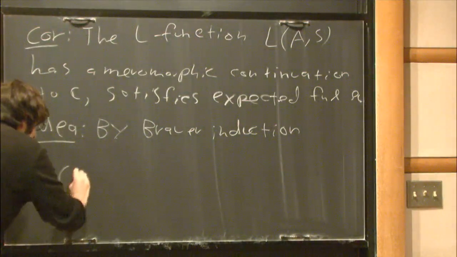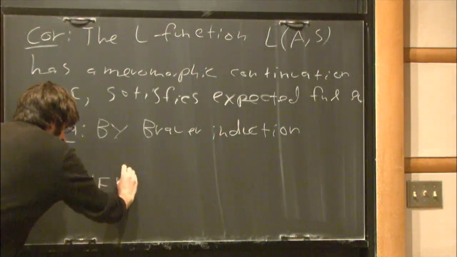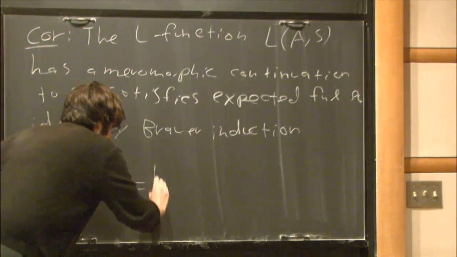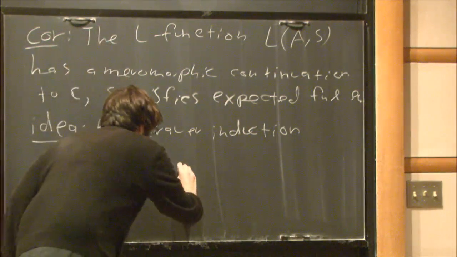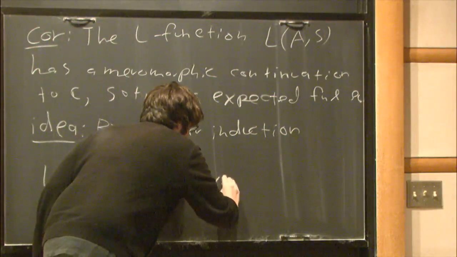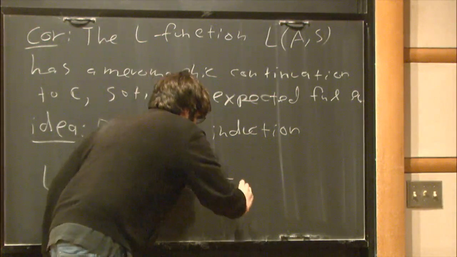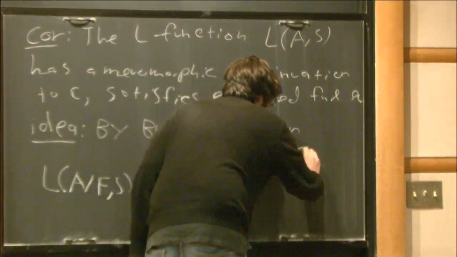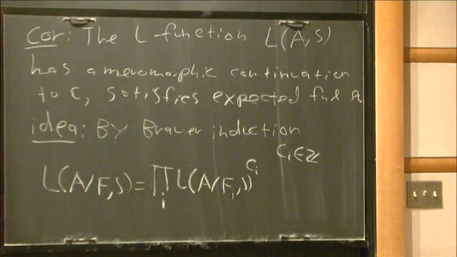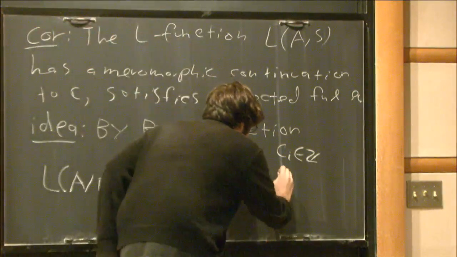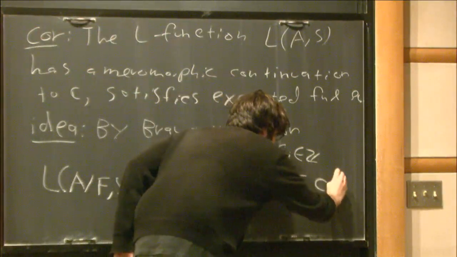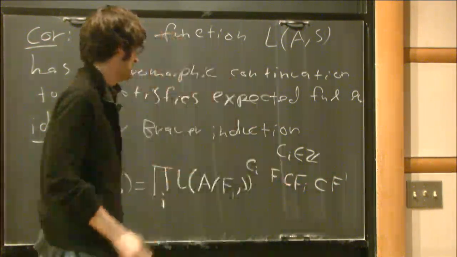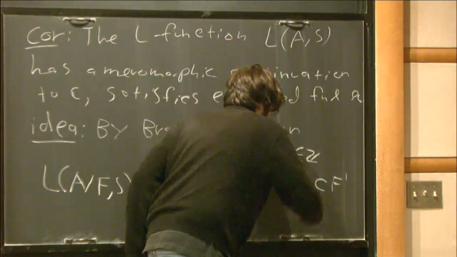The L function of A over F is equal to some product of L functions for A over some extensions F_i, raised to some integral power. So the c_i are some integers, definitely possibly negative. And F_i is some intermediate extension between F and F prime, such that it's solvable under F prime.